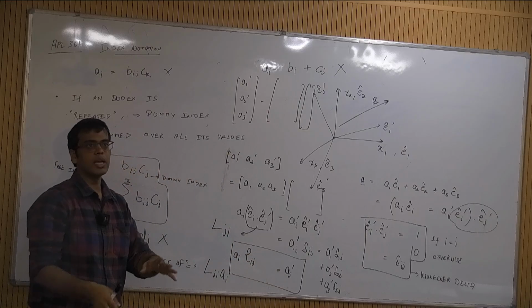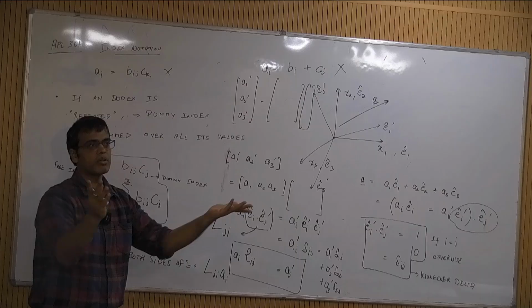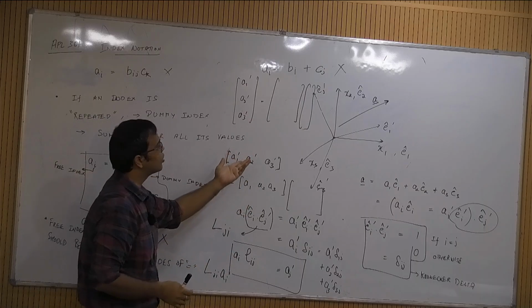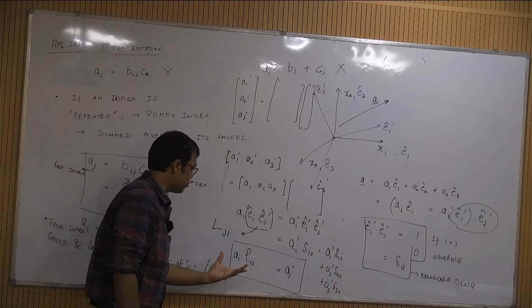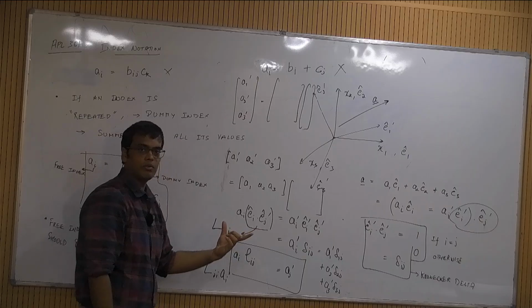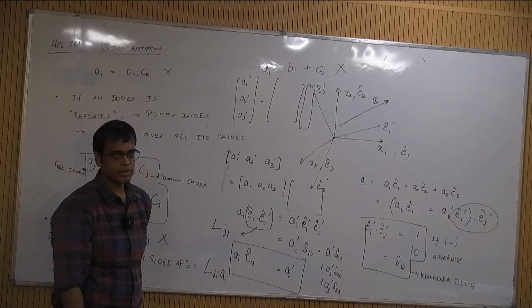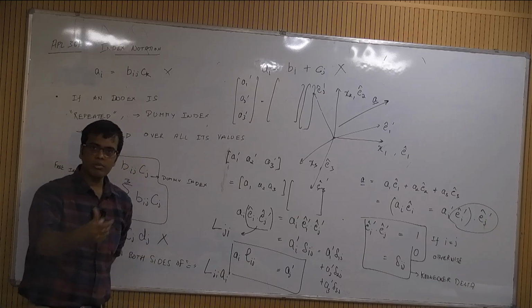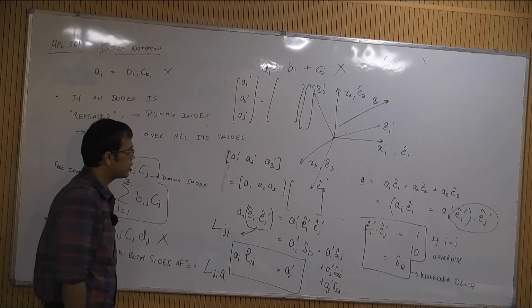The end result that you are going to get is going to remain the same. So, choose whatever you want. Throughout this course, I am going to try to make sure that whatever visualization you choose with index notation, you will get the same result. If we do not get the result, that means there is a problem in the algebra I have done on the board and you can point it out.